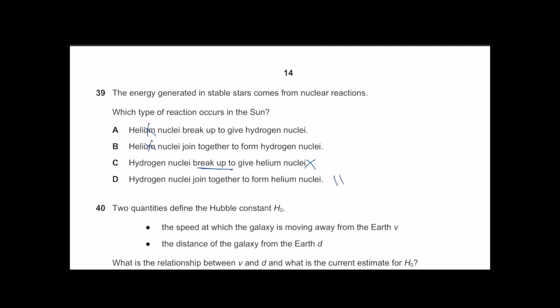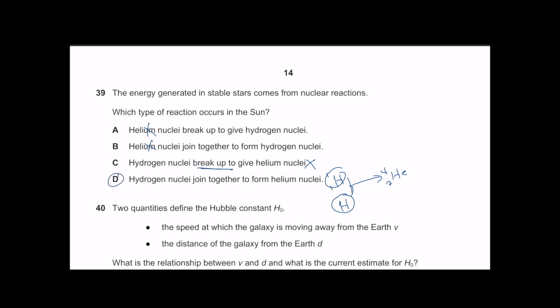If you think about it, this is hydrogen 1,1 and this is helium, which is 2,4. So you know that hydrogens could be joined together to form helium. This could be accepted, and this is the idea of the process, which is fusion, right? Which is correct. But C cannot be right.